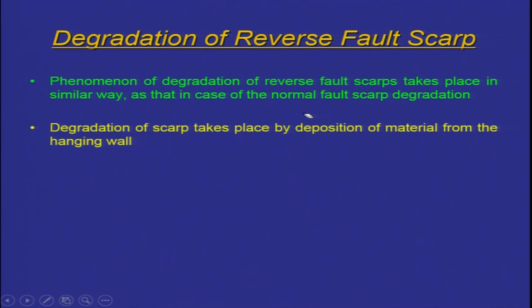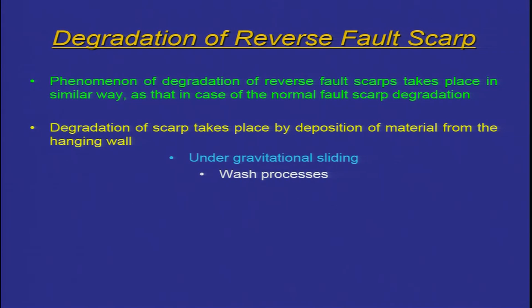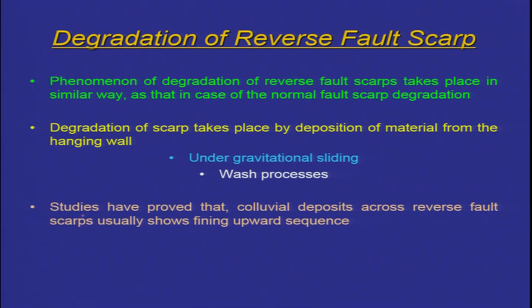So degradation of the scarp takes place by deposition of material from the hanging wall under gravitational slide. You will have larger blocks sliding down on the free fault scarp surface. Then we will have the wash process. Studies have proved that colluvial deposits across reverse fault scarps usually show a fining upward sequence.